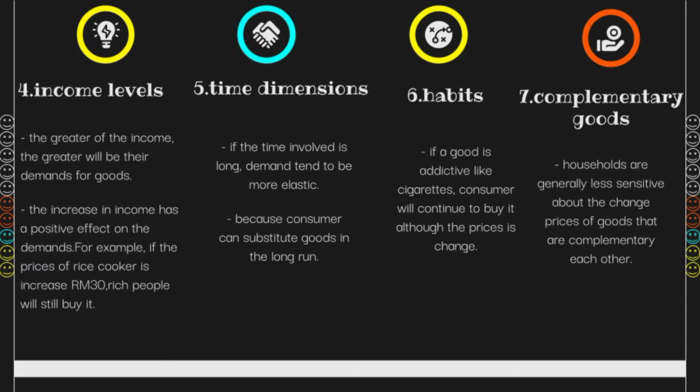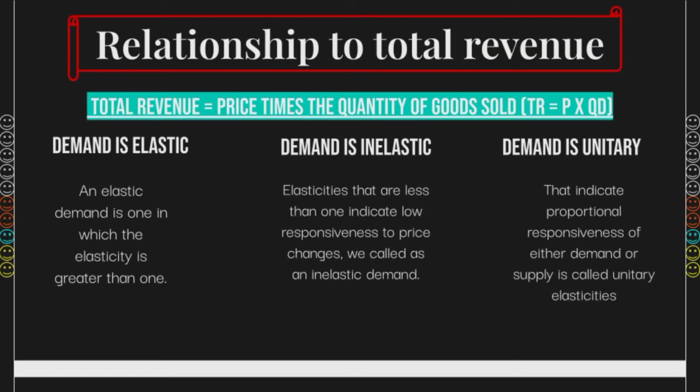Relationship to total revenue. The formula for total revenue is price times the quantity of goods sold. There are three types of relationship to total revenue. First, demand is elastic. An elastic demand is one in which the elasticity is greater than 1.